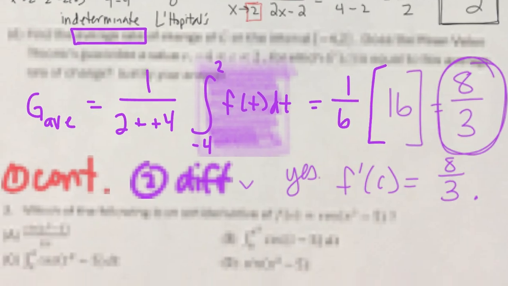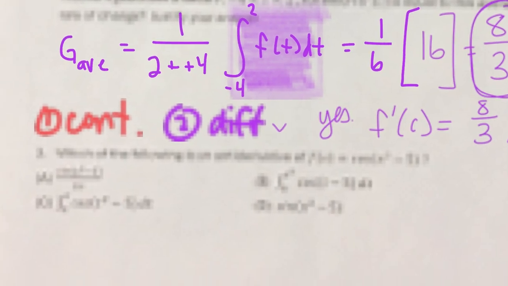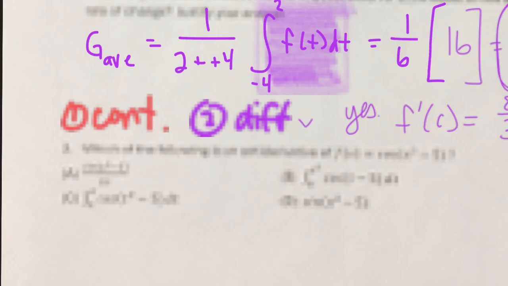Okay, moving on. What is the antiderivative of cosine of x squared minus 5 dx? Well, let's take a look at our answers. What if we took the derivative of sine of x squared minus 5 over 2x?